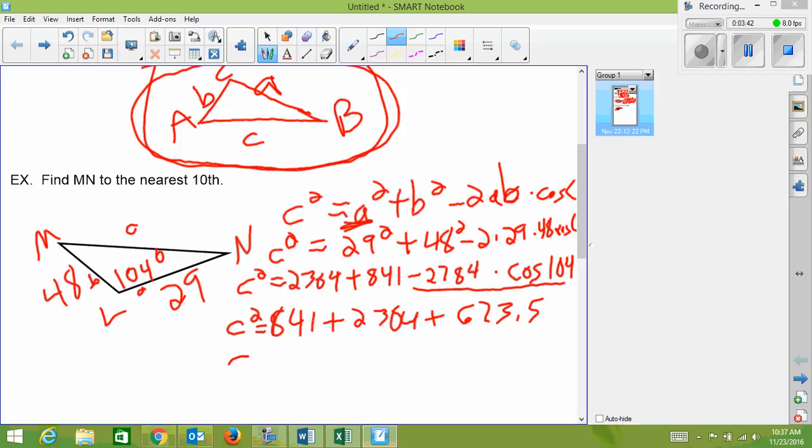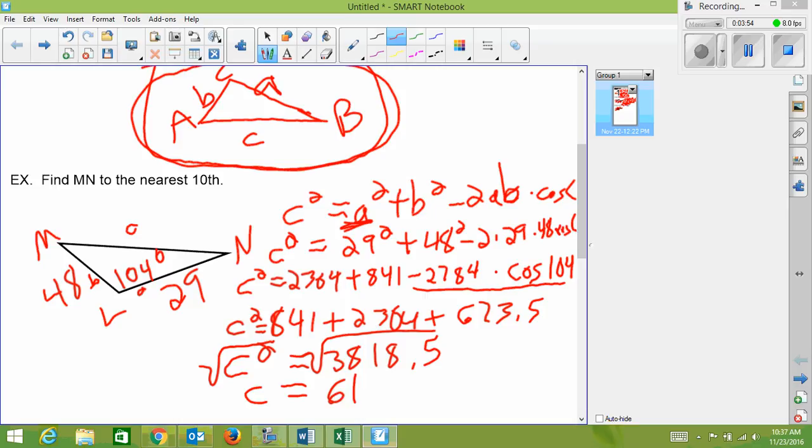Now I can just go ahead and add all those together, and that is 3818.5. To get rid of the c squared, I do square root, and therefore c equals 61.8 degrees for my answer.